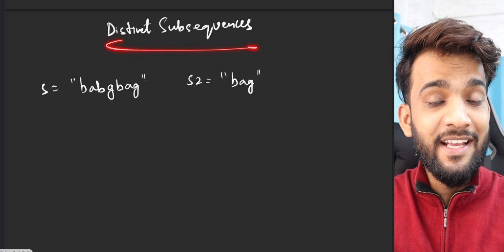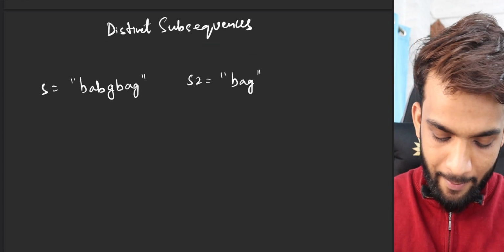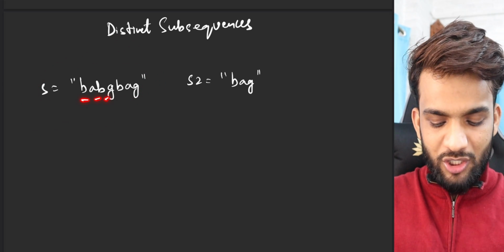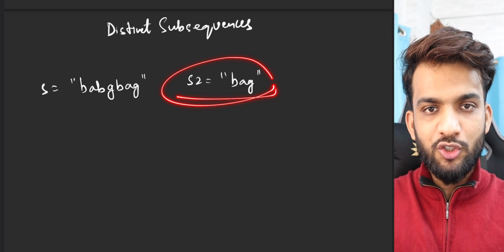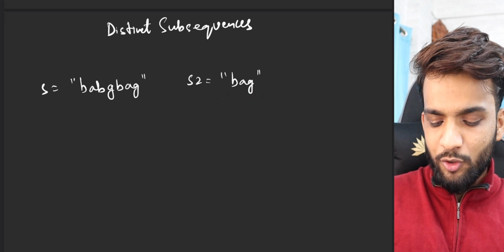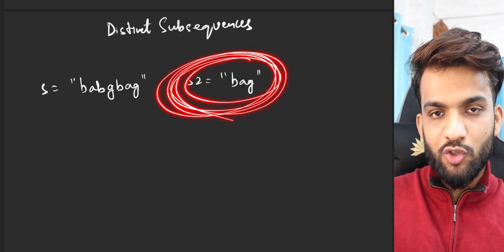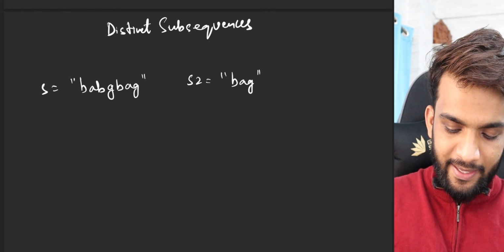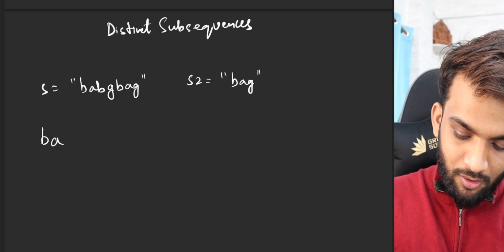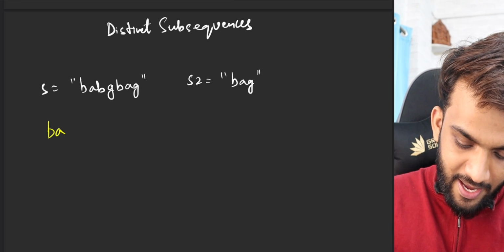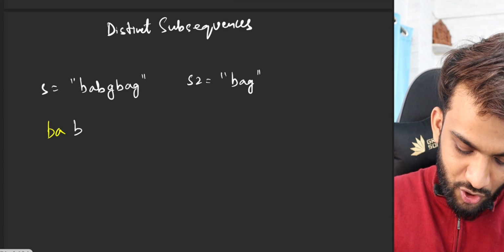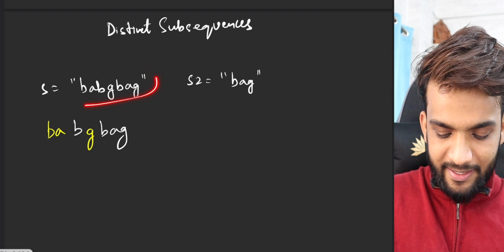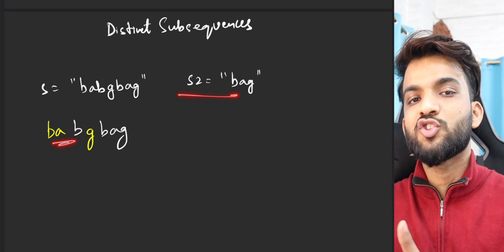So what is the problem? It states distinct subsequences. You're given a string, BABGBAG, and you're given another string, BAG. You have to tell me how many times the string 2 appears in the string 1. For an example, I can say BA, then G, and then BAG. In this entire string, the yellow color is the string S2.